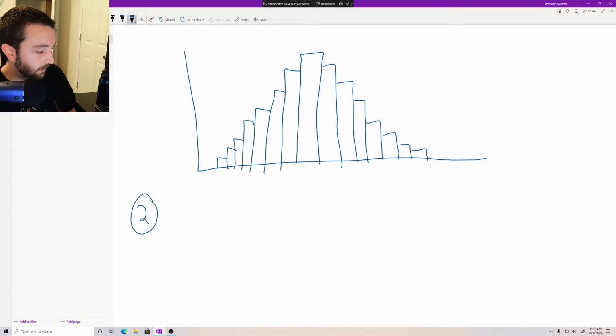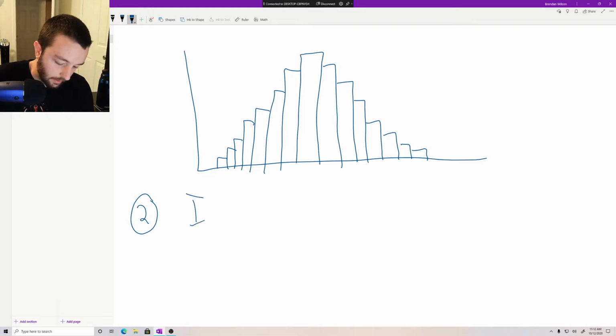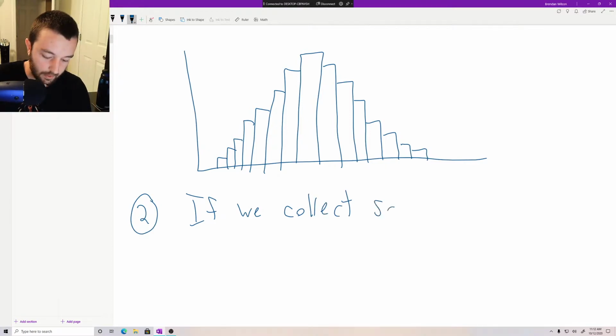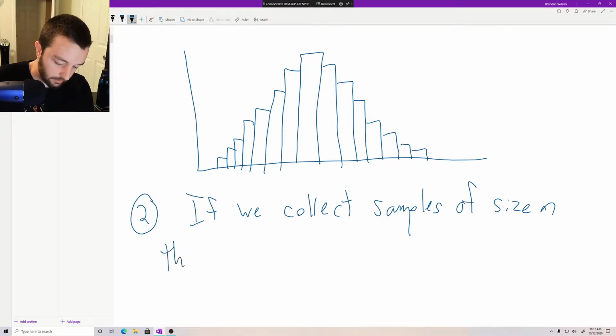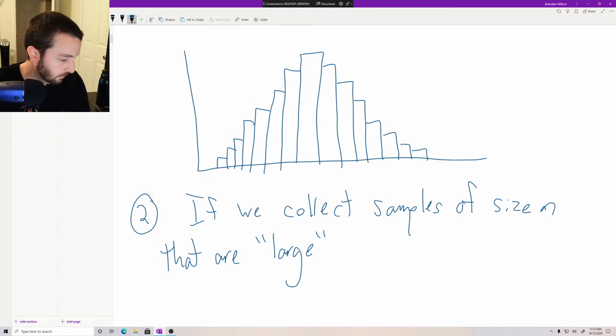The second way, if we collect samples of size n, again, that are large enough, calculate the sum.